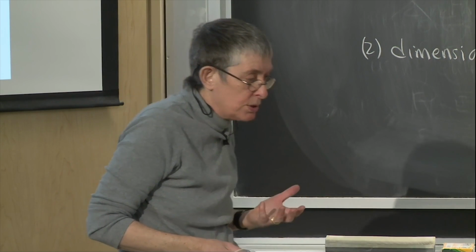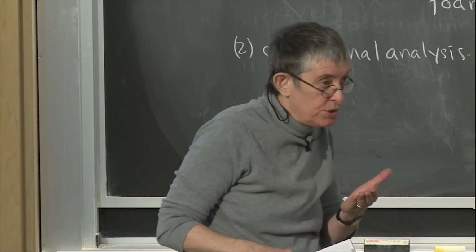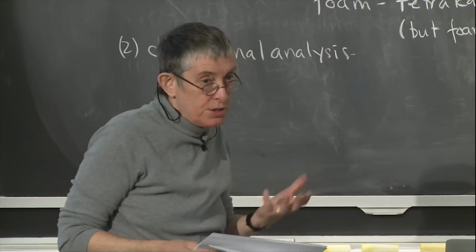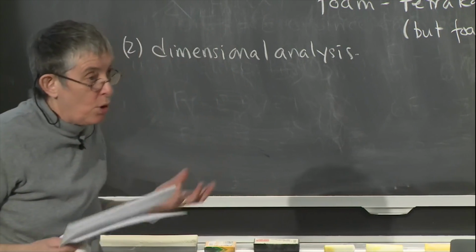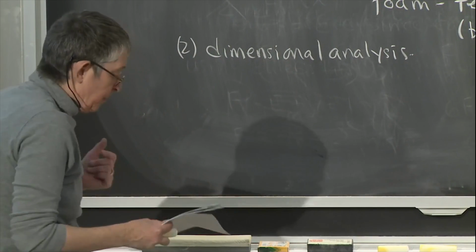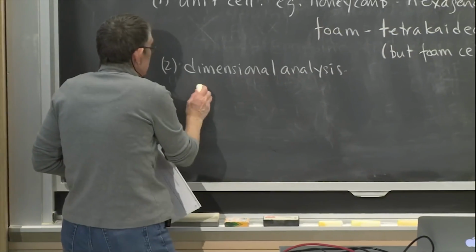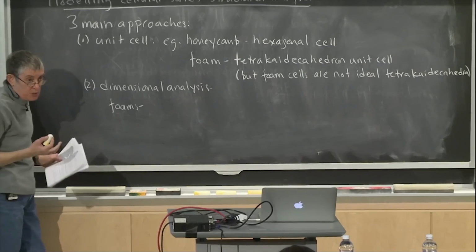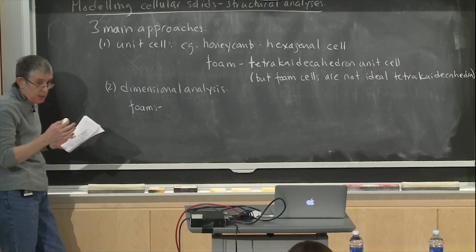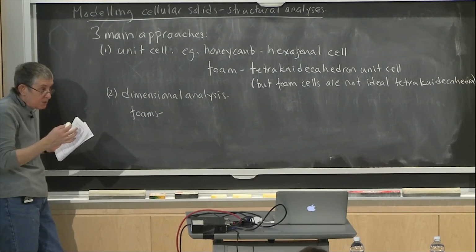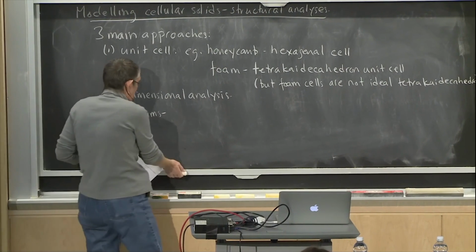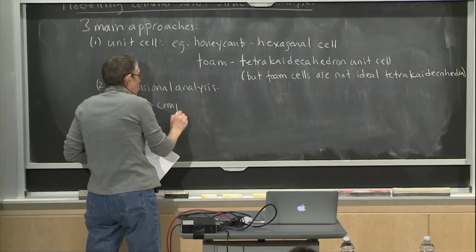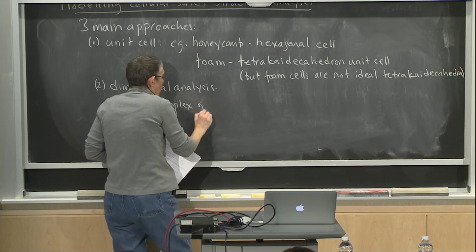What you do is you say one thing is proportional to another, and there's some constant of proportionality, and you just wrap all of those constants of proportionality up at the end. So for instance, when people look at foams, the geometry of the foams is kind of complicated. There's cells with different numbers of faces, there's different sizes of cells, it's kind of a mess. So we could just say the geometry is complex, and it's difficult to model.